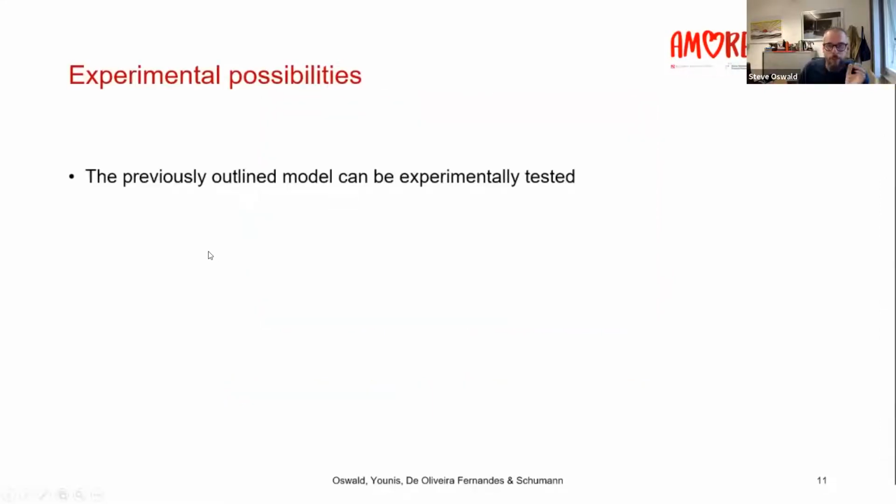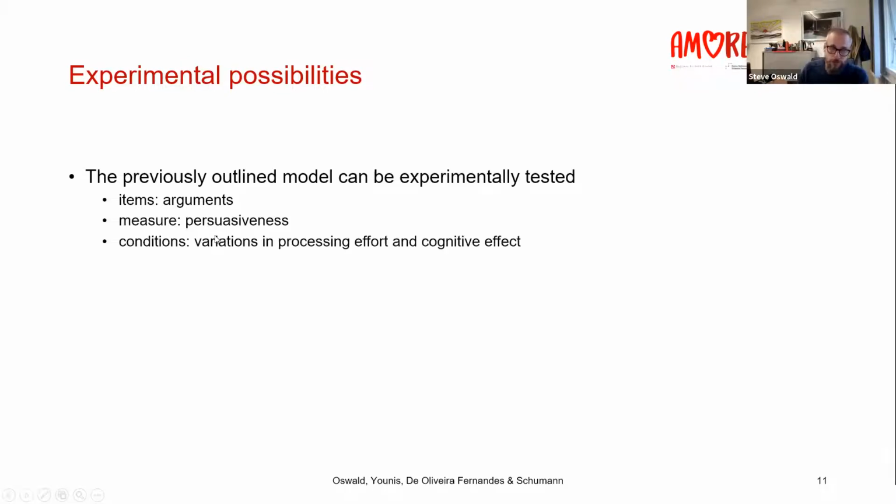So this model can be tested, and as many things in relevance theory, they can be tested quite straightforwardly. Our items will be arguments. So we're going to have premise, conclusion, premise, standpoint pairs. We're going to measure persuasiveness. Our conditions will have to do with variations in processing effort and cognitive effect.